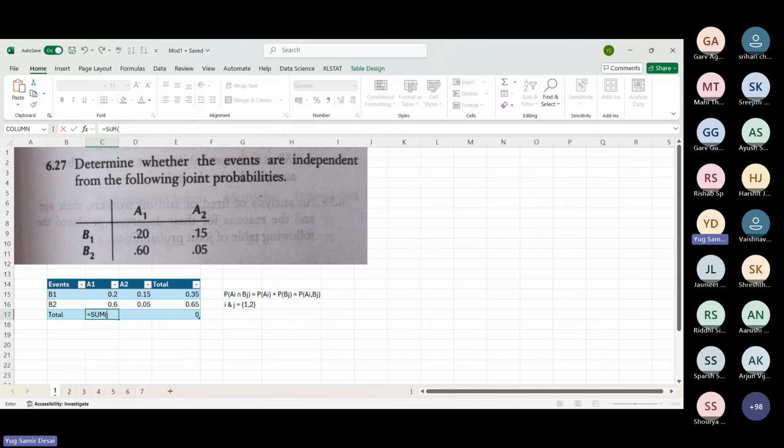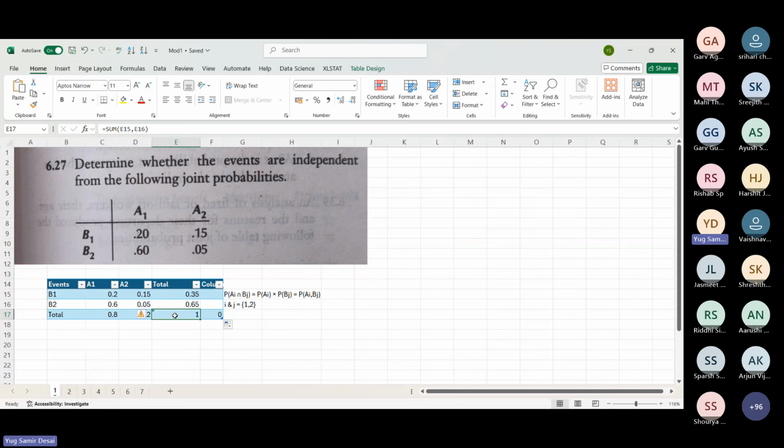Now again, we'll add all the probabilities for A1 when it occurs with the event B1 and with the event B2. Again, we do this for A2, and we get the probability values for the events A1, A2, B1, and B2.